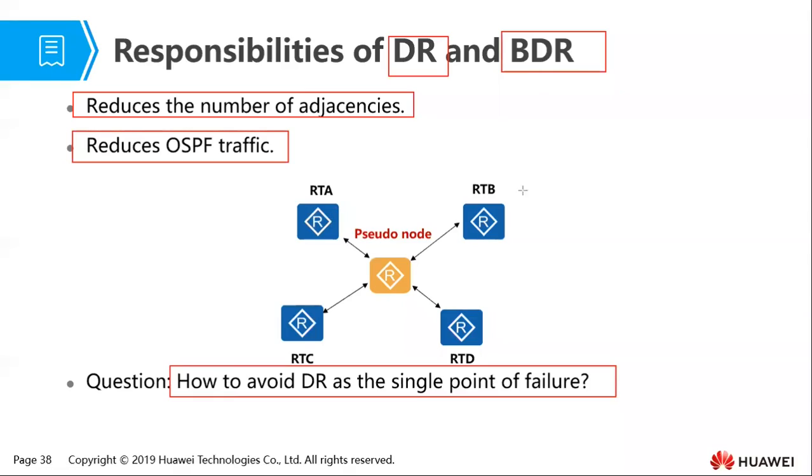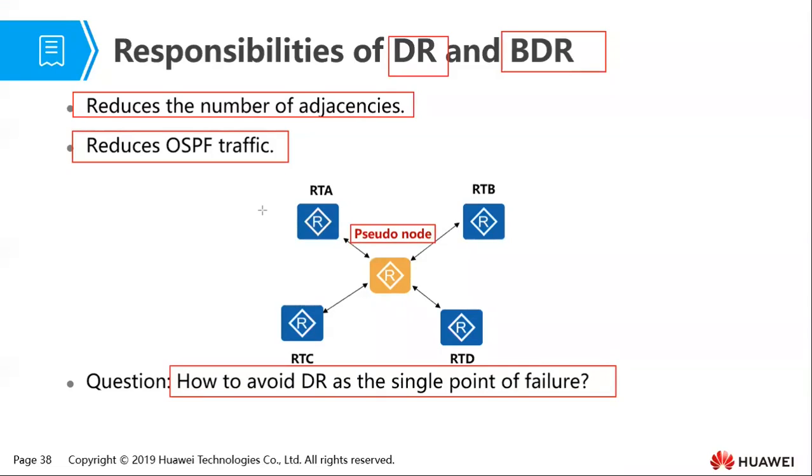When you elect a device as a DR, that device acts as a pseudonode. A pseudonode is simply a virtual router, so that everyone else communicates with the virtual router, and the virtual router communicates to everyone else. Please understand that a DR actually acts as a virtual router.